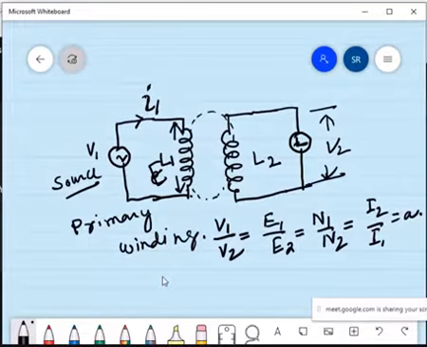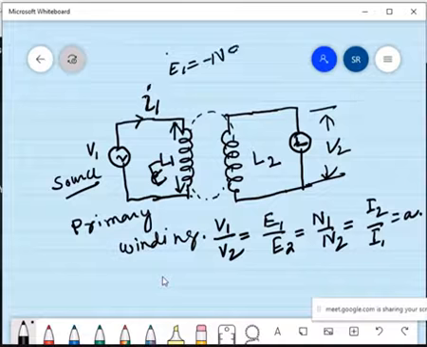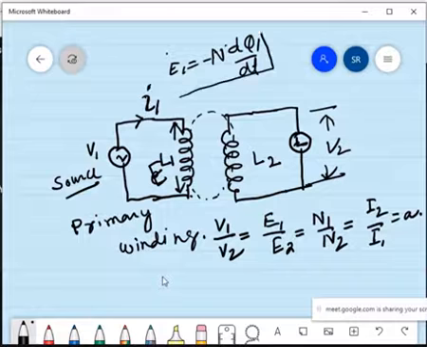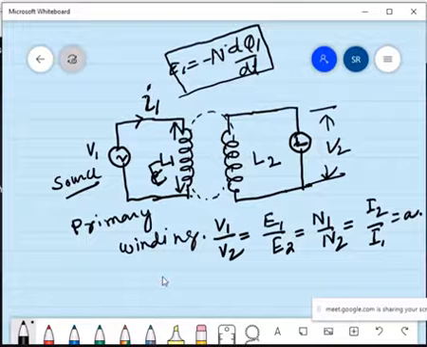And we know that the EMF induced in the primary winding, this E1, is equal to minus N1 d phi 1 by dt. That is the EMF induced due to the rate of change of flux, and this N1 means the number of turns in the primary winding.